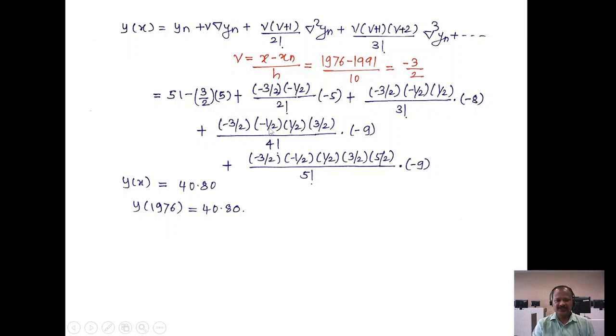Then v into v plus 1 into v plus 2 into v plus 3 divided by 4 factorial into delta raised to 4 yn, plus v into v plus 1 into v plus 2 into v plus 3 into v plus 4 divided by 5 factorial into delta raised to 5 yn. All these values you have to put in this equation, and we can find the population when x is 1976. It is 40.80 lakhs. Thank you for watching the video.